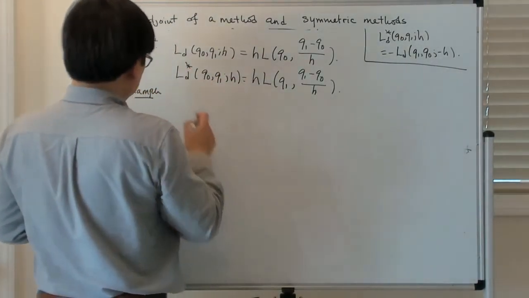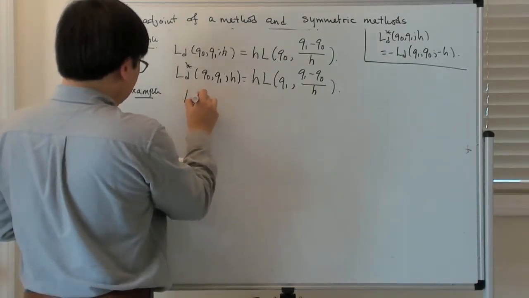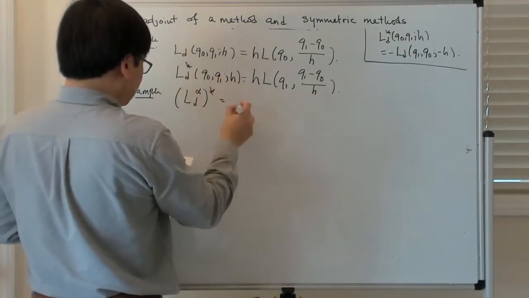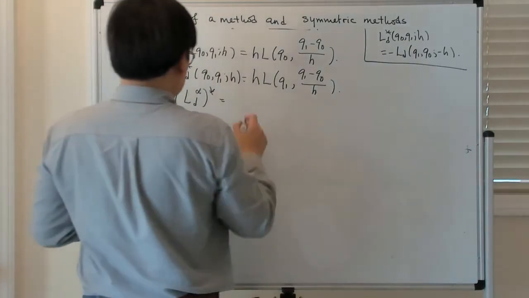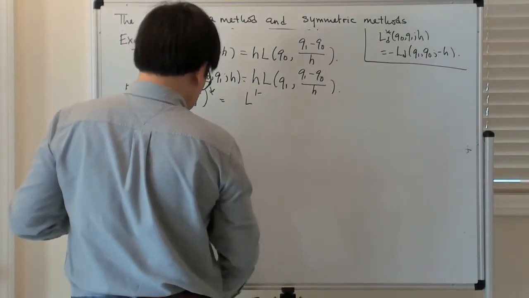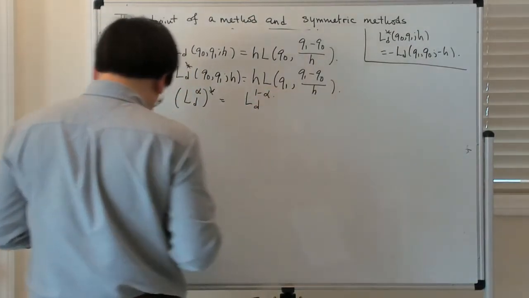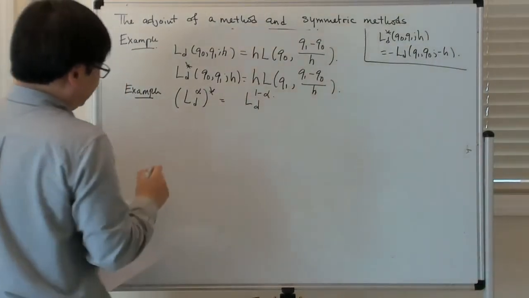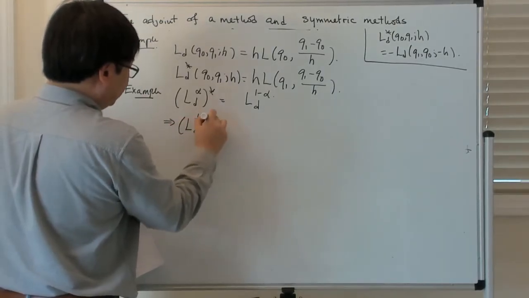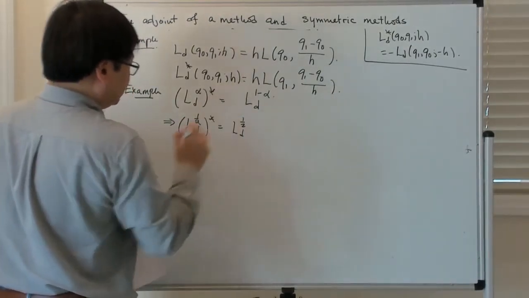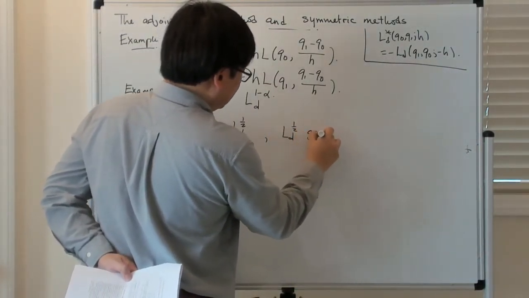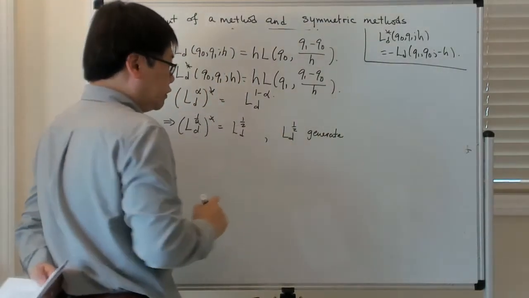Then more generally, you have that LD alpha, the adjoint of that, as you might expect just from this observation, is equal to LD 1 minus alpha. Okay, and then from this observation, it should be clear that LD 1/2, the adjoint of that, is equal to LD 1/2. And LD 1/2 generates the symplectic midpoint rule.